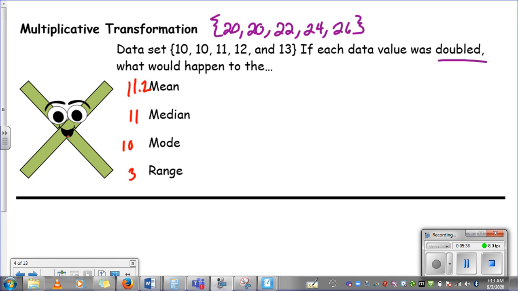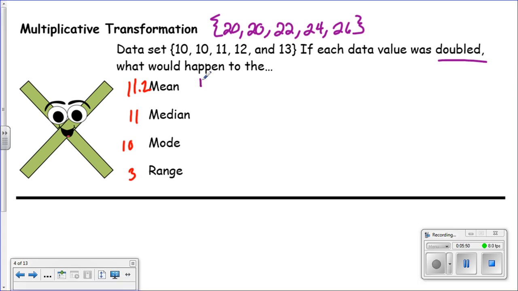I'll do 20, 40, 60, 80, 100, and now I'm going to add the ones places. 4 and 6 is a 10, so now we're at 110. 110 plus 2 more is 112. So we're going to do 112 divided by 5, and that's going to give me 22.4. So if the original mean was 11.2 and we doubled everything, we get 22.4, which means the mean doubles.